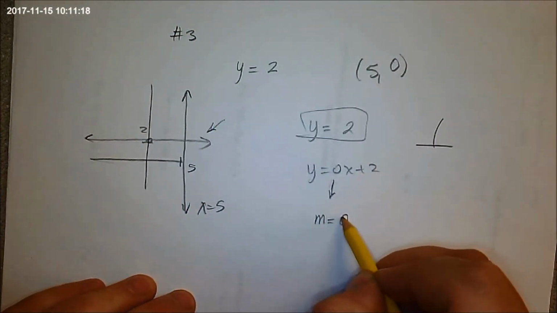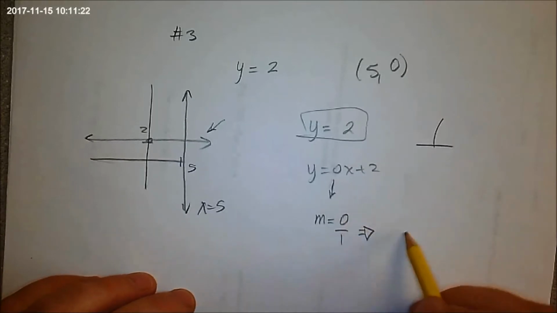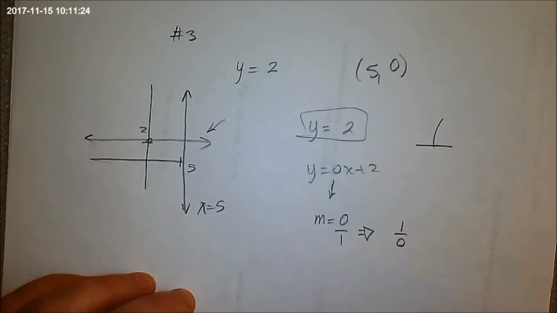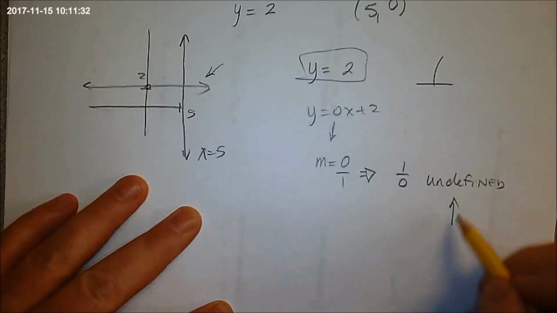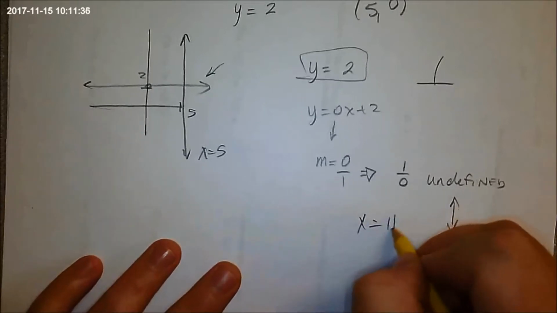What's the reciprocal of 0? Undefined. And undefined slopes are vertical lines. And vertical lines are x equals a number.